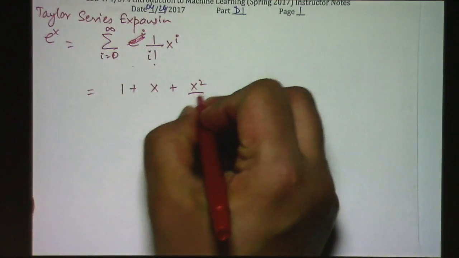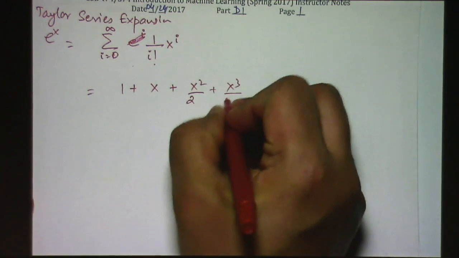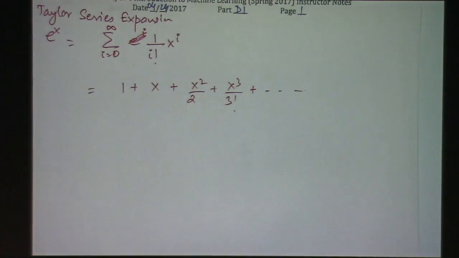So for example, you can write it as 1 plus x plus x squared over 2 factorial plus x cubed over 3 factorial, and so on till infinity. We are going to make use of this result, but that is something that I'm assuming that you know already.